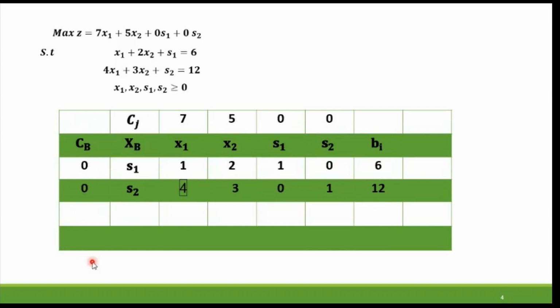Okay, clear all of you? If you have any doubt, please ask. Or you can write in the chat box. सबसे पहले write all the variables from the constraints and from the objective function. Right hand side is denoted by BI. The costs are denoted by CJ. Once you write all the coefficients, you have to check for the unit matrix.